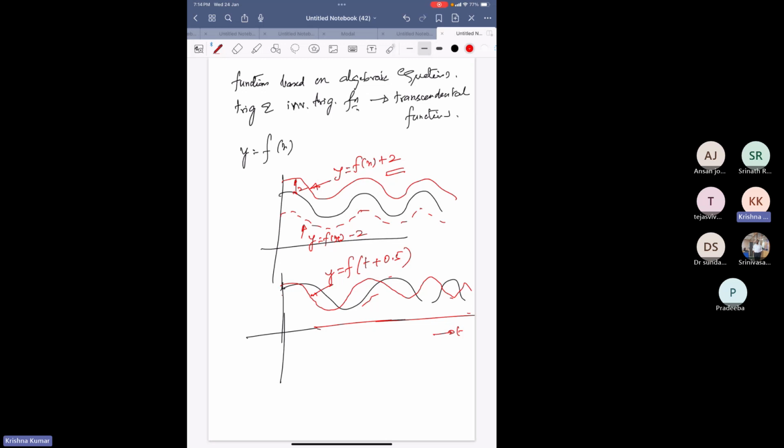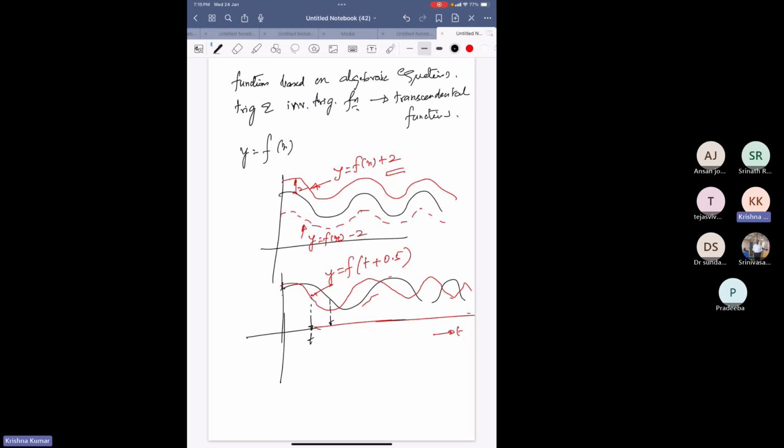The interpretation is the key here. What is happening at t in the new function is what had happened at t plus 0.5 in the old function.